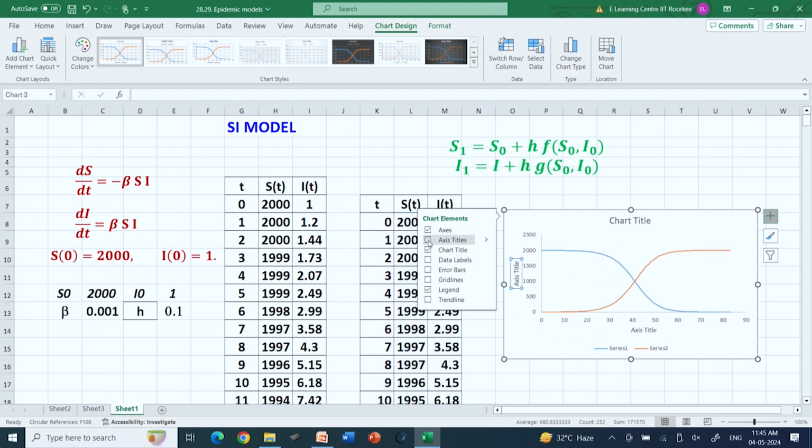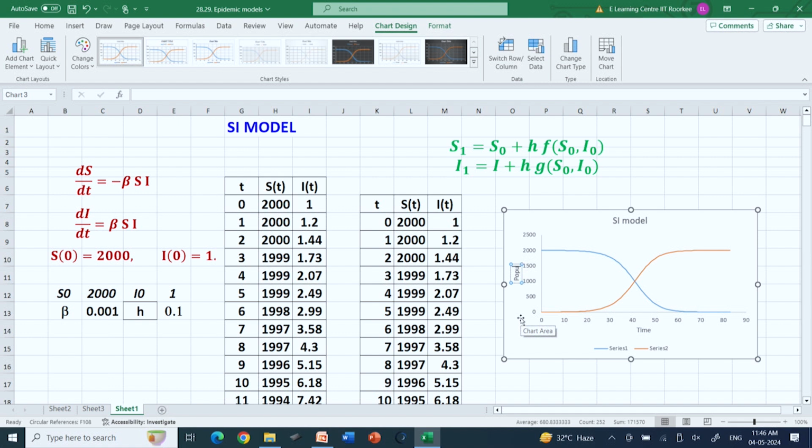I want the axis, so this is the axis title and the chart title. So the chart title is SI model, the axis title is time, and to this. So here you don't have to bother the way it is written. If you just click the cursor, it will automatically be in this vertical thing, and you just press backspace, it will remove.